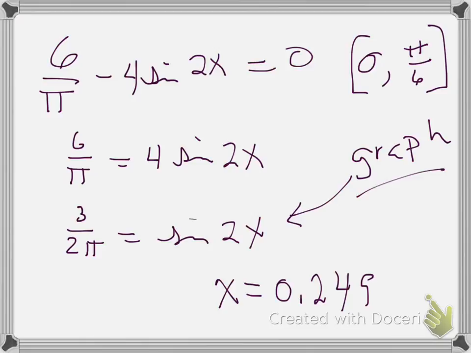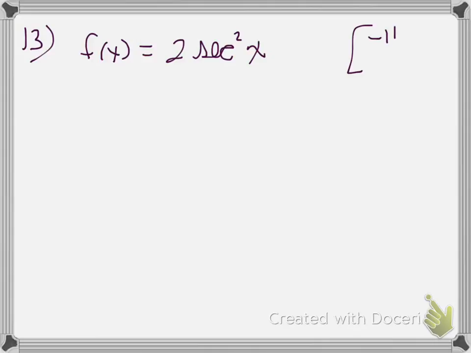Number 13 says to find the C guaranteed by the mean value theorem for f of x equals 2 times the secant squared of x, and they want this on the interval from negative pi over 4 to pi over 4.